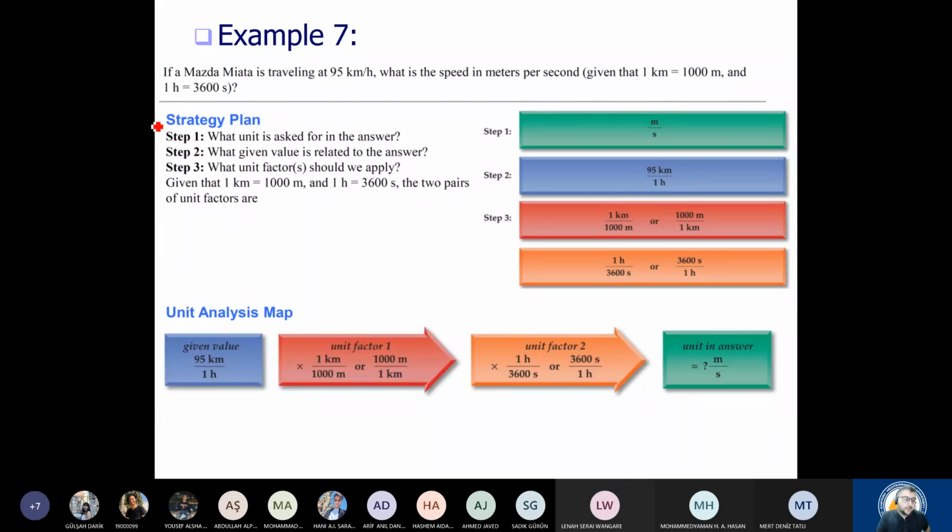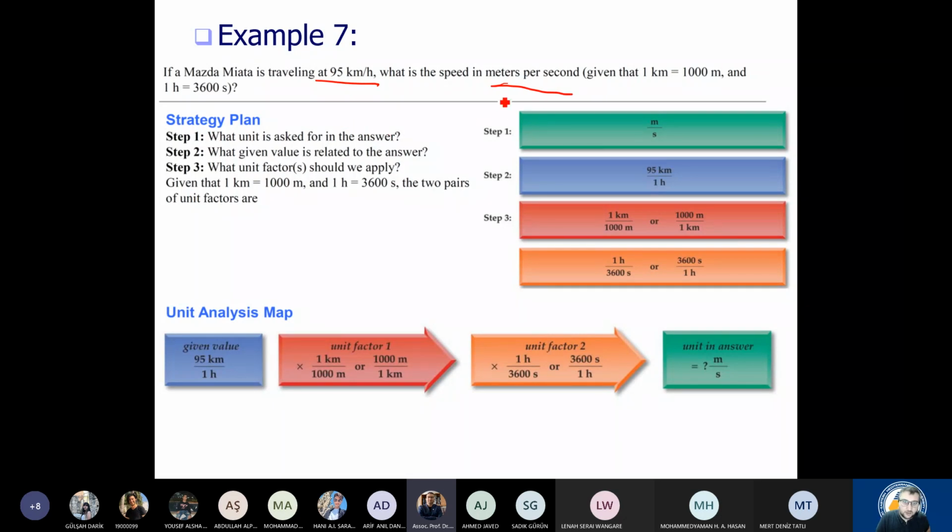If a Mazda Miata is traveling at 95 km per hour, so they give you the speed of the Mazda, this car is 95 km per hour, and they ask you to convert it to meter per second.